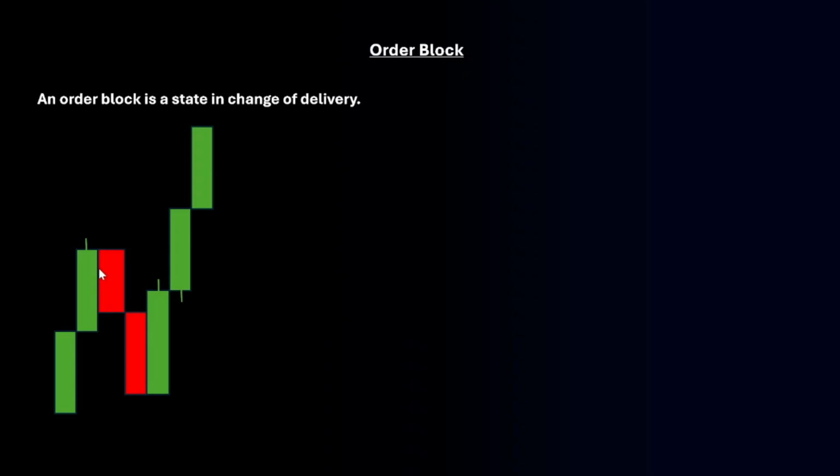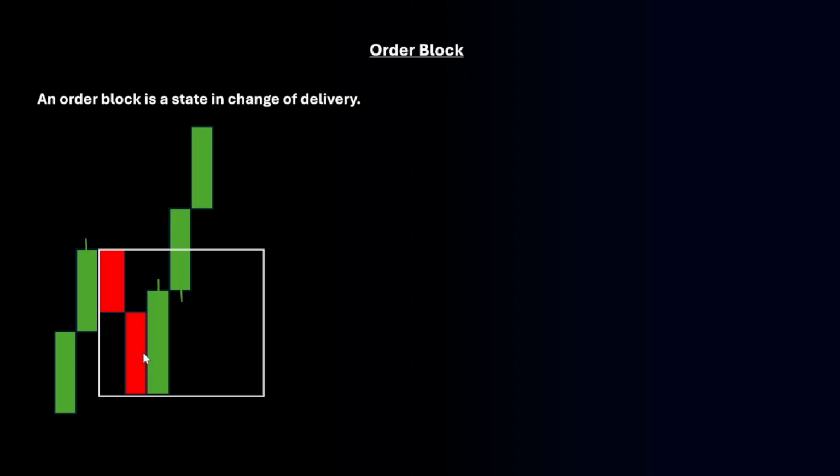The 2 down close candles are the order block, because that's the state in change of delivery that led to these higher prices. So understanding the state in change of delivery is understanding the order block. The order block is the state in change of delivery, which is these 2 down close candles.